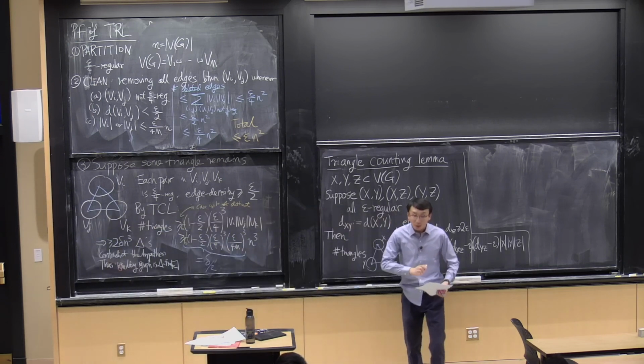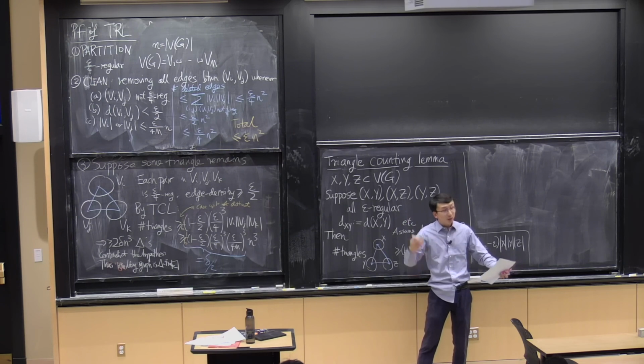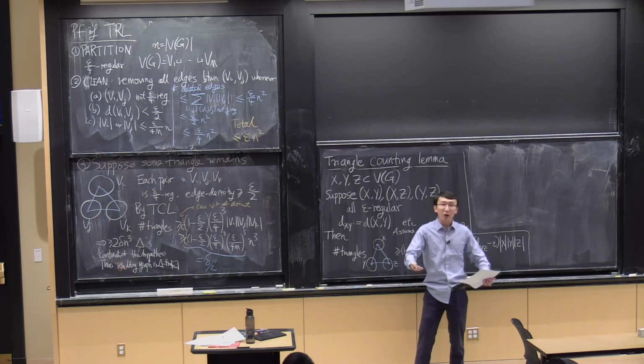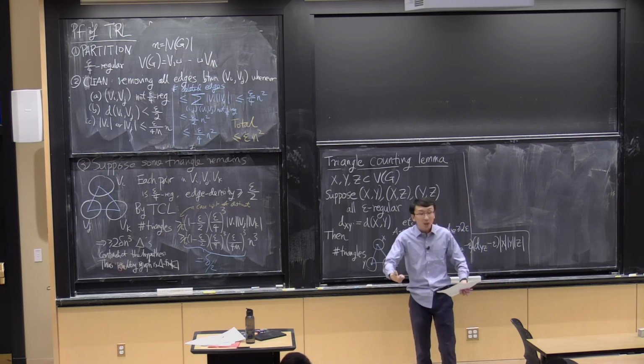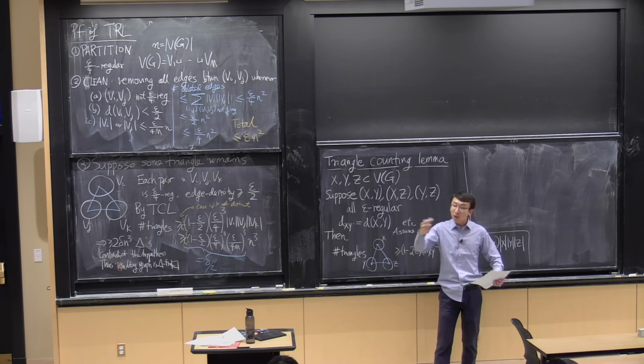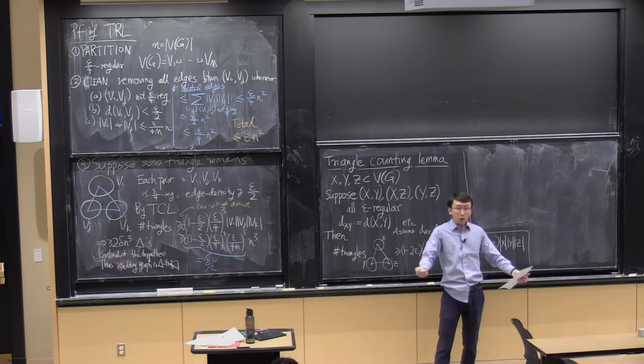So let me recap. We start with a graph, apply Szemerédi's regularity lemma, and clean up the regularity partition by getting rid of low density pairs, getting rid of irregular pairs, and getting rid of edges touching a very small vertex set. And I claim that the resulting graph after cleaning up should be triangle free.